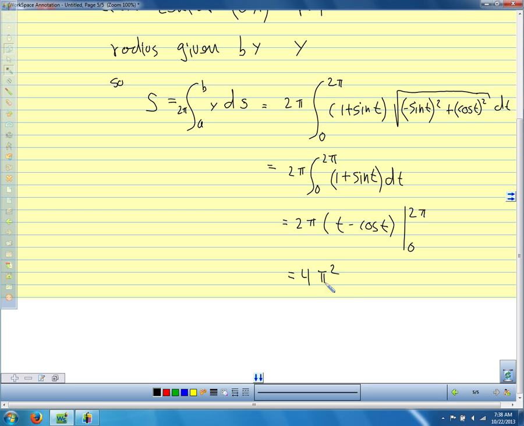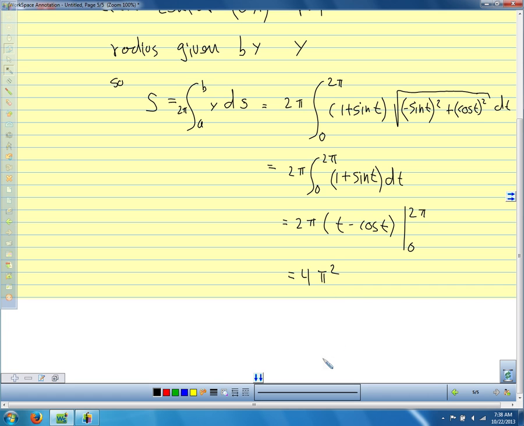What my arc length here reminds me of is, what else did we talk about that was similar to this problem? Remember back when we were talking about centroids? The theorem of Pappus. What we come up with reminds me of the theorem of Pappus when we talked about finding the volume of a torus: the distance from the centroid of the region to the axis times the area of the region.